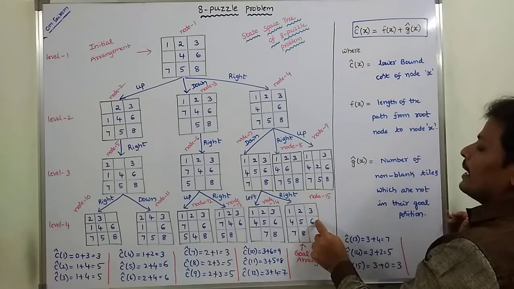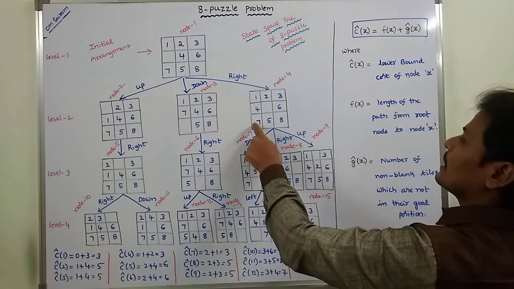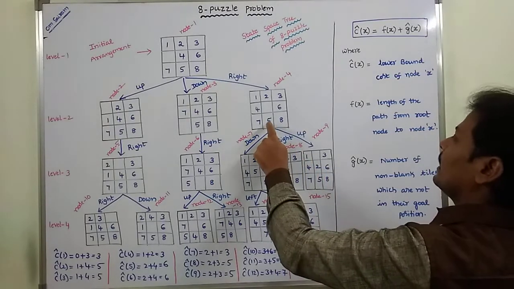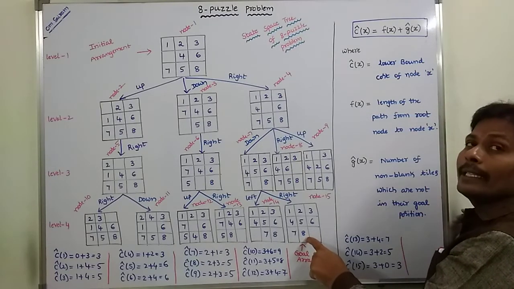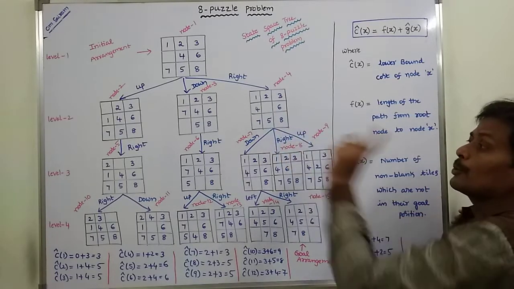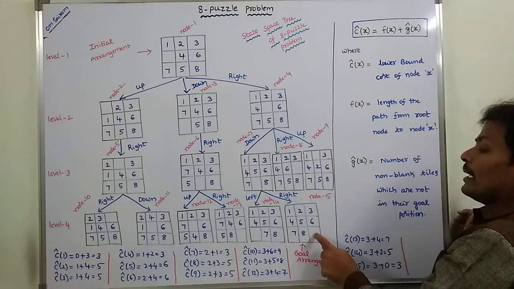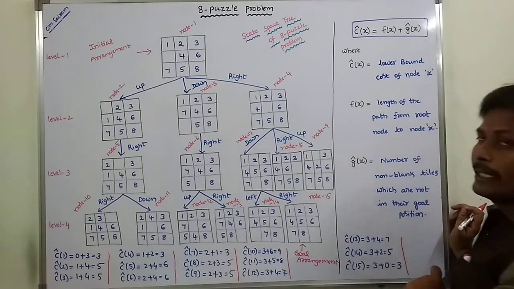Okay, sixth is here, sixth is here, both are in the correct position. 7 is there, 7 is there, both are in the correct position. Here 5 is there, here 8 is there, both are not in the correct position. That is the second error. Next, here 8 is there, here 8 is not there, so both are not in the correct position.